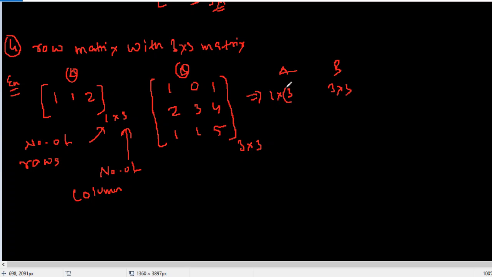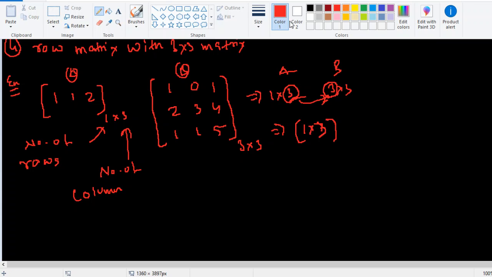So from here we can see that this 3 and this 3 satisfy the multiplication of matrix criteria, and the matrix that comes out after multiplication of these two matrices A and B is of order 1 cross 3. Clear? Now we have to proceed like this to get the answer.